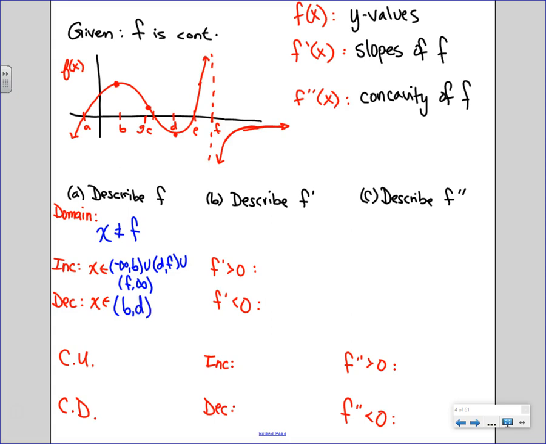If we know increasing, what do we know about F prime? We know it's positive and negative. So that'd be the exact same intervals, right? Yes, ma'am. Negative infinity to B, D to F. What do we know about F double prime from the increasing or decreasing of F prime?